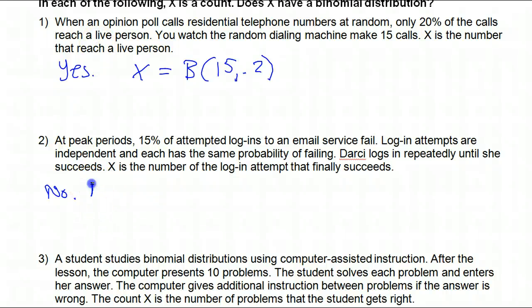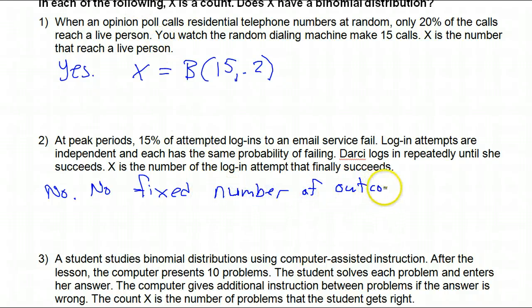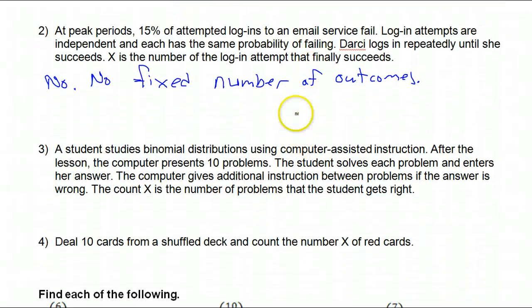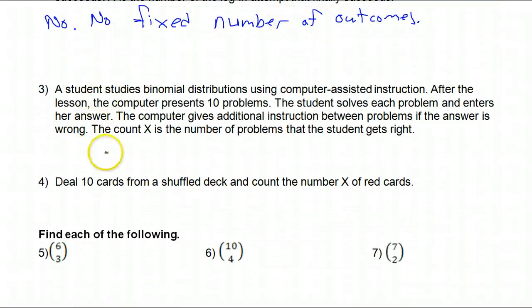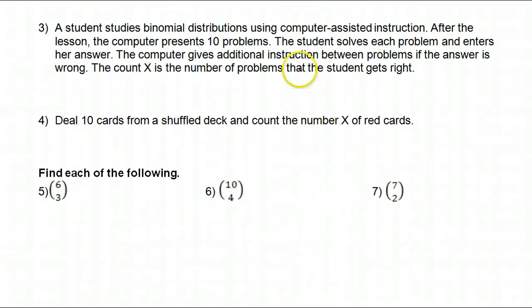So there's no fixed number. So right there, that's a no. Moving on to number 3.